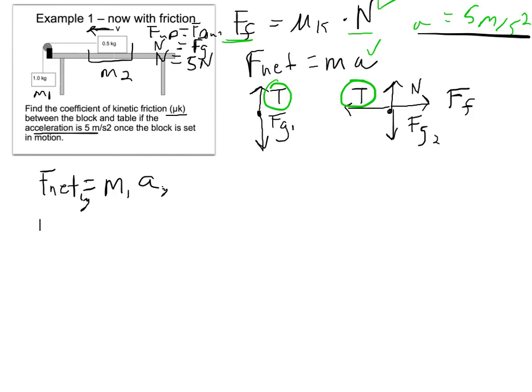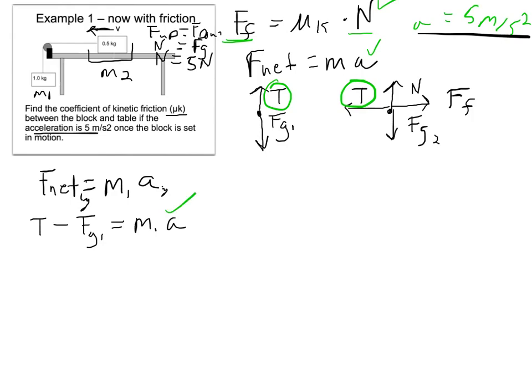Tension is pointed up, and let's call that positive since up is positive. Weight is pointed down, we'll call that negative, equals mass 1 times the acceleration. The accelerations on these boxes are the same, so I'm not going to differentiate the acceleration by putting 1 or 2 or x or y. We already know the accelerations, and we know they're the same.